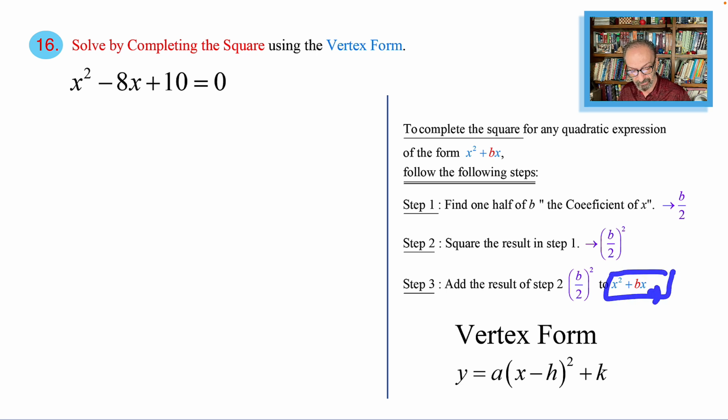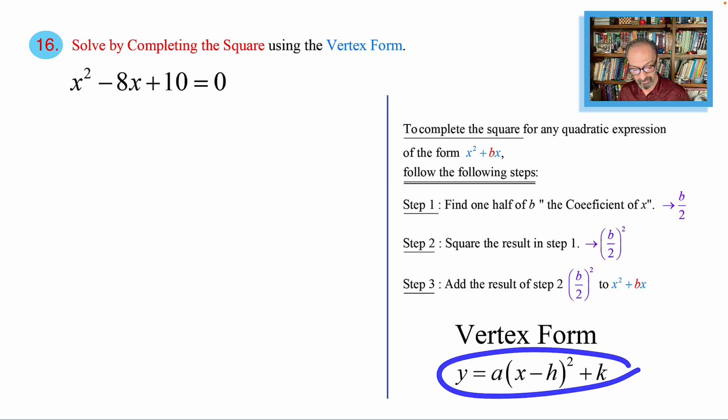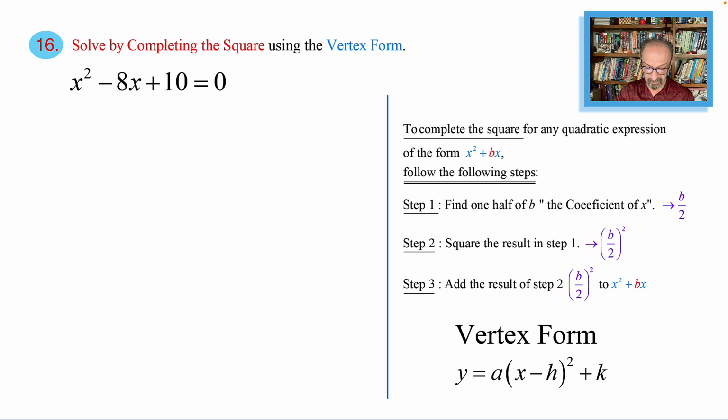We add it right here, and we'll make it perfect square. The vertex form looks like this: a times x minus h to the second plus k. And to solve for it, I could keep the k, or I could move it to the right side. Let's see what we could do. Here we go.